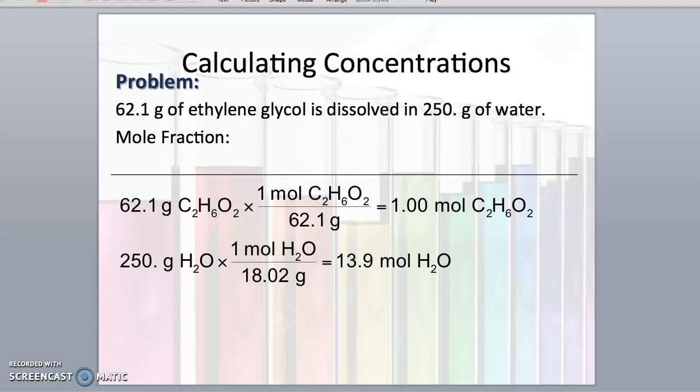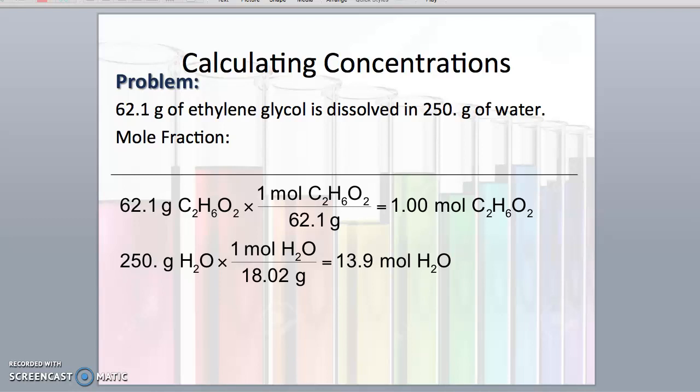So here's a problem. We've got 62.1 grams ethylene glycol dissolved in 250 grams of water. So we can calculate the mole fraction. And mole fraction, remember, is moles of solute over moles of solution, and then times 100. So our solute is the ethylene glycol.